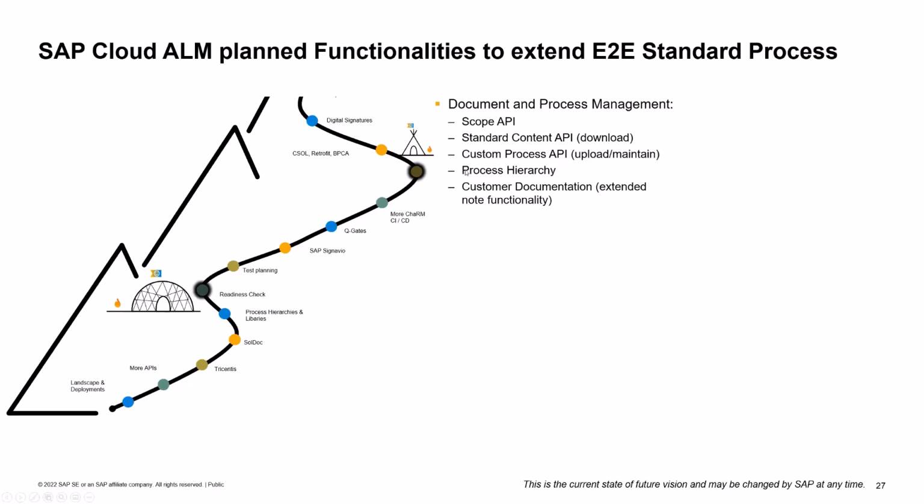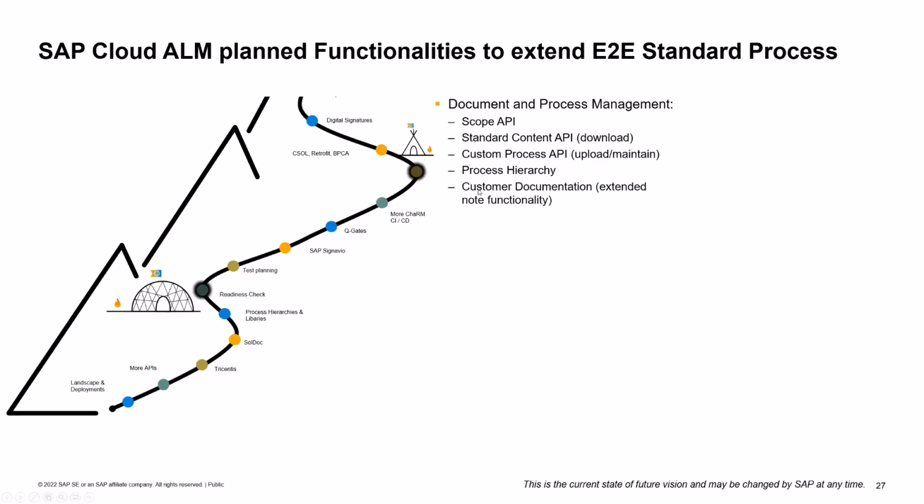Then what we plan to deliver this year is a process hierarchy, like the process hierarchy we know from Focus Build. So a folder structure, you can say, where to assign your processes and documents, and potentially executables and so on.